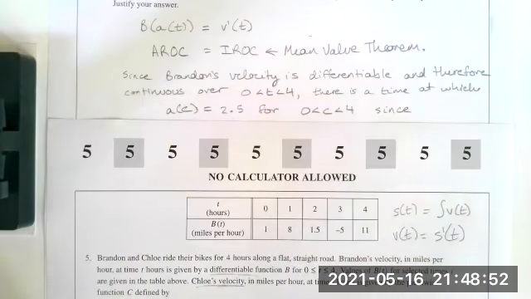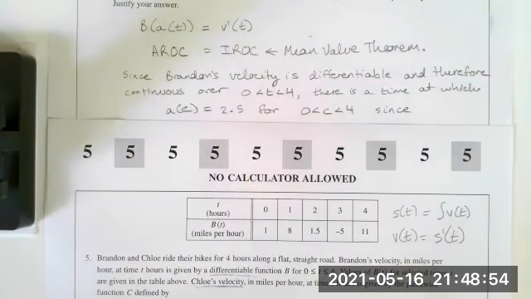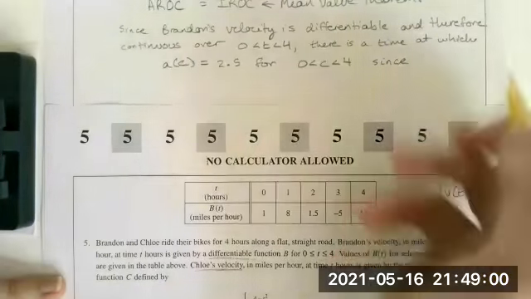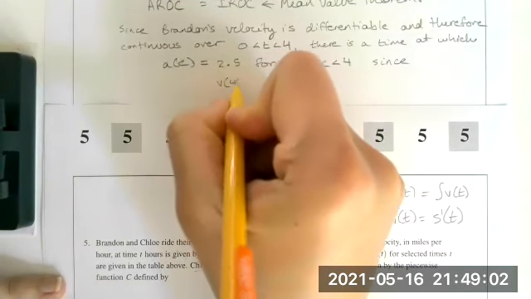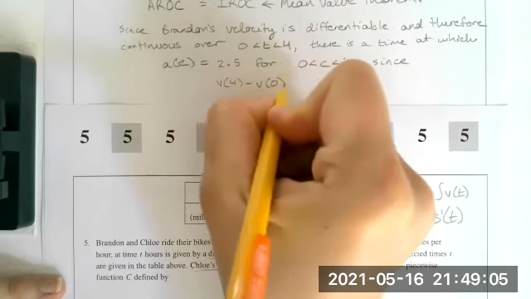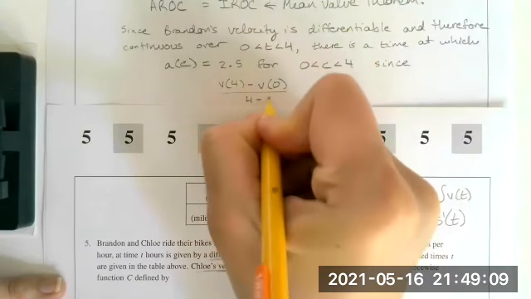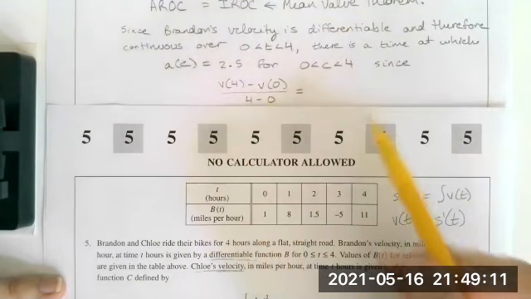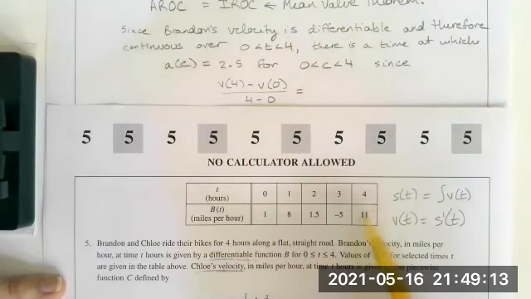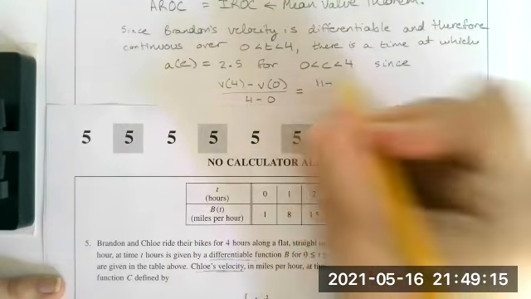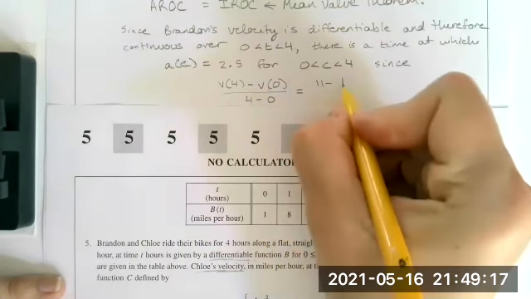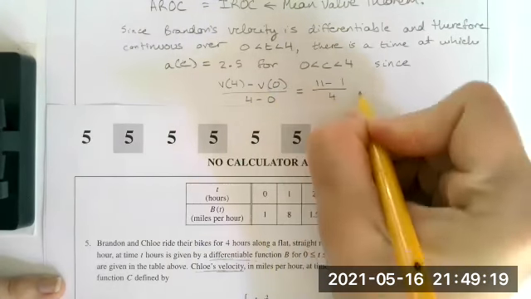Since, and that word "since" is my alert word to start showing some work. So here's what I'm going to do. V of 4 minus V of 0, over 4 minus 0. I'm trying the boundaries that I start with. Let's plug this in. V of 4 is 11. V of 0 is 1. 4 minus 0 is 4.